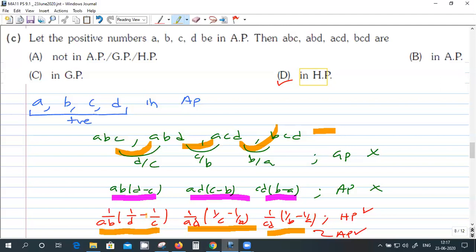Here C minus D divided by ABCD, where C minus D is minus D of the first AP. Similarly B minus C, again minus D, A minus B, again minus D, and the denominator is the same. So all these three differences are the same. So this one is an AP, so this is an HP. Got it? You have to do it carefully.